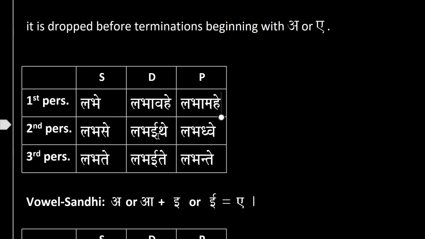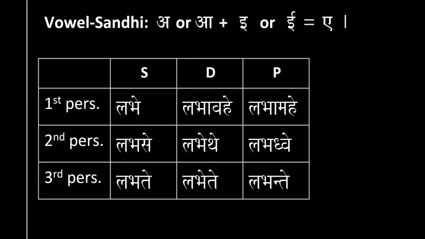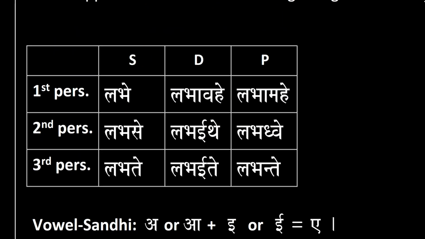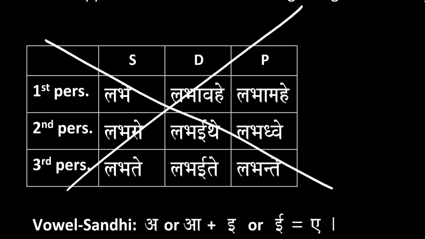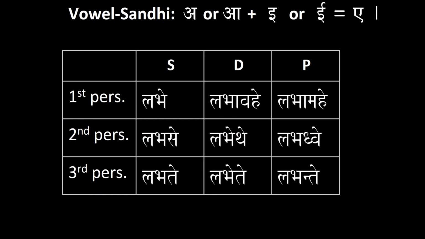The a and the i should combine to give you an e. So you have labhete, and labhete. So this is the correct one, actually. This one is wrong. So we're going to X that out because this was incorrect. And this is what we should end up with.